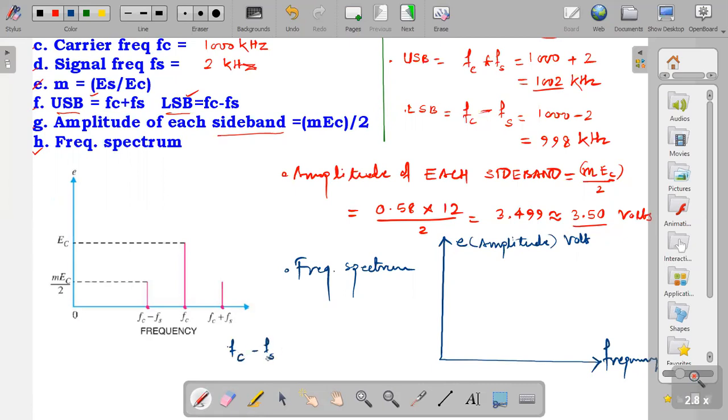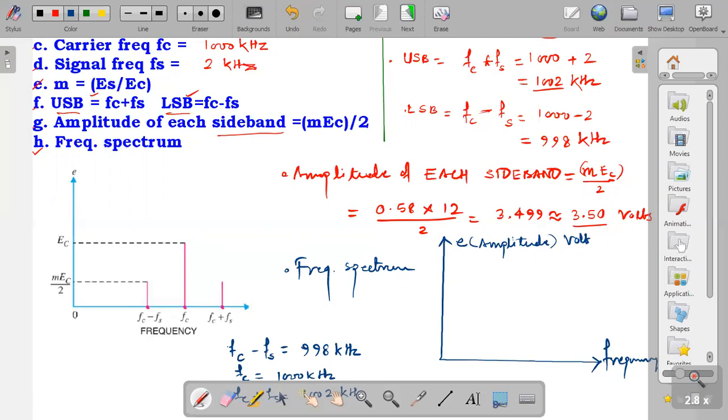What is the value of Fc minus Fs? 998 kilohertz. Then I will write Fc here. Fc is your 1000 kilohertz. And Fc plus Fs is equal to 1002 kilohertz. Correct?